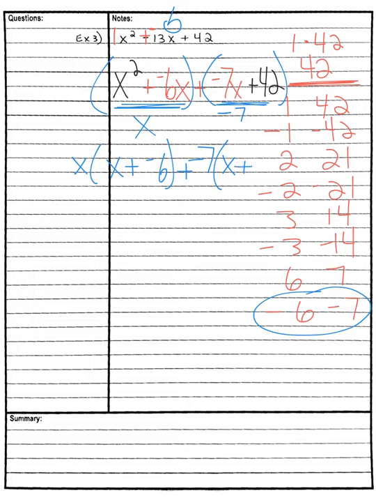Plus the 42 divided by -7 is going to give you a -6. And remember, even when it comes to our signs, we want these parentheses identical. So our final answer, we'll take our x plus -7 times x plus -6.